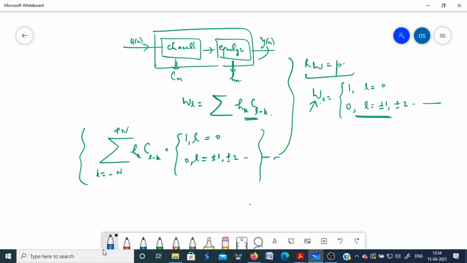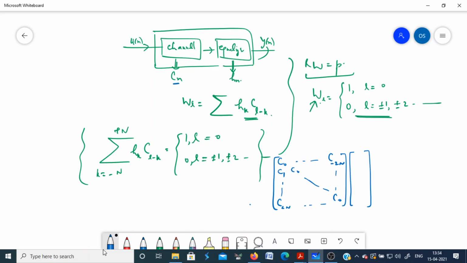So we will have one matrix of 2n plus 1 cross 2n plus 1, which will have the impulse response values C0. The diagonal elements will all be C0, then C minus 1, C minus 2 and so on up to C of minus 2n. Similarly here will be C1, C2 up to C of 2n.